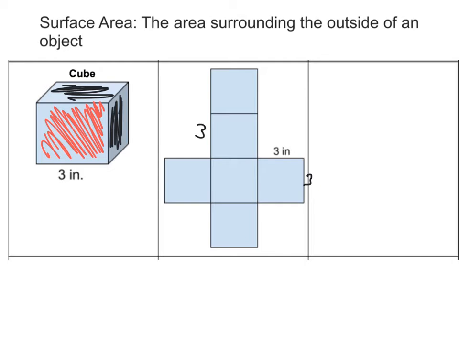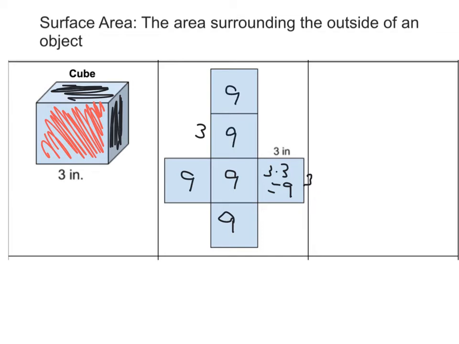So all of these side lengths are going to be 3 inches, which means to find the area of each section, I can do 3 times 3 and get 9. So that little face is 9 square inches. This one's going to be 9 square inches. This will also be 9, 9, 9, and 9.